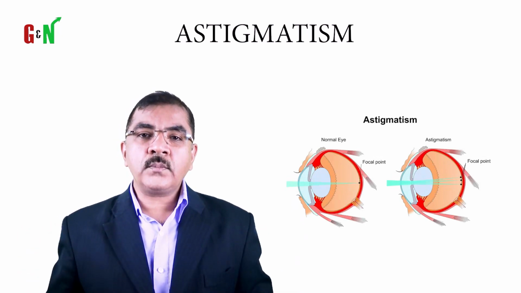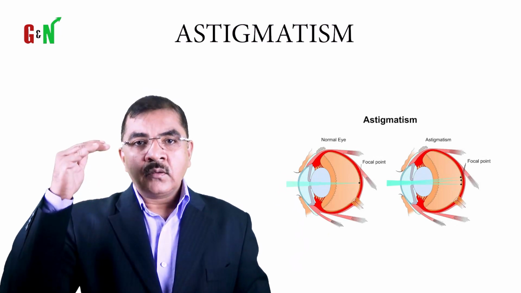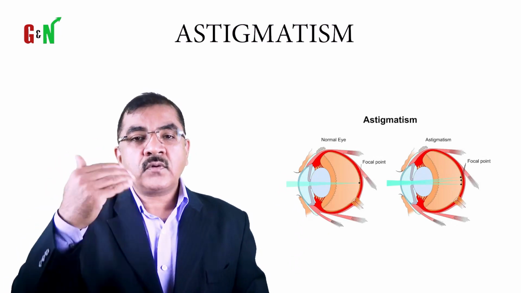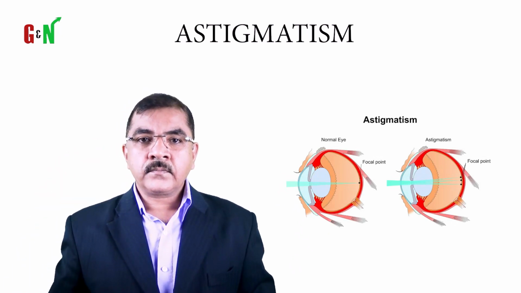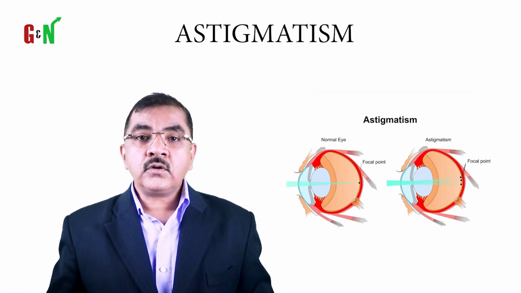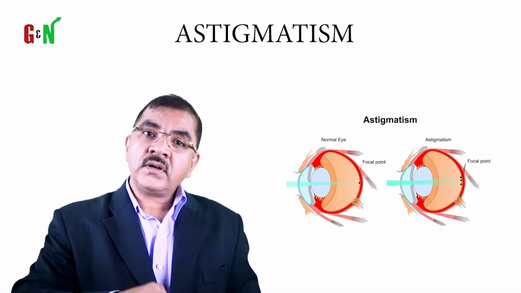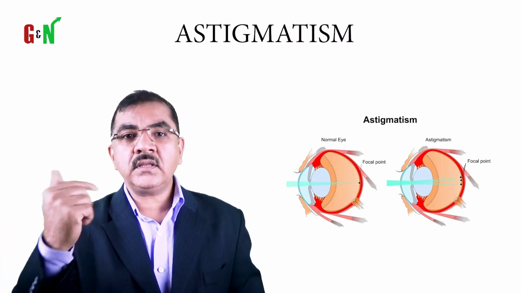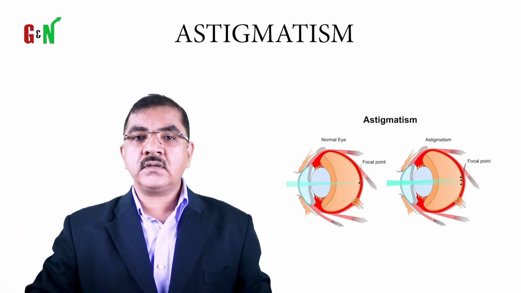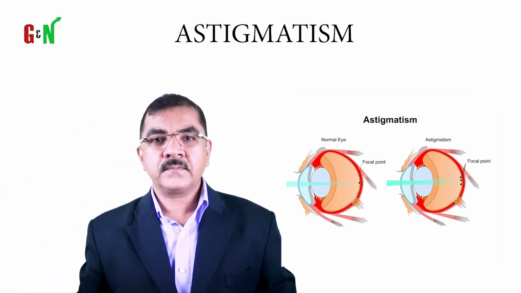instead of one focal point falling on the retina, now there are two focal points, falling in front of the retina or behind the retina, or one in front of the retina and one behind the retina.